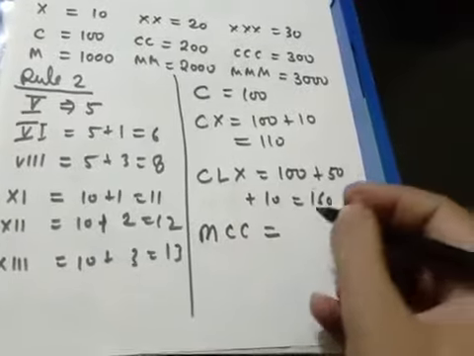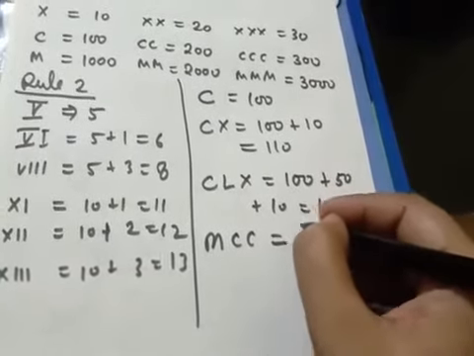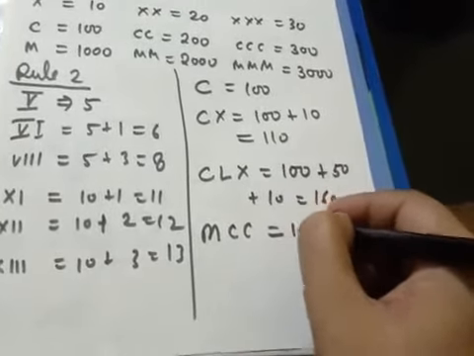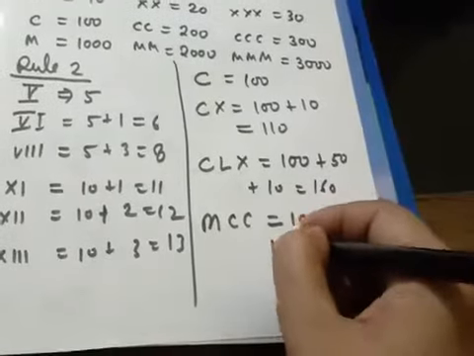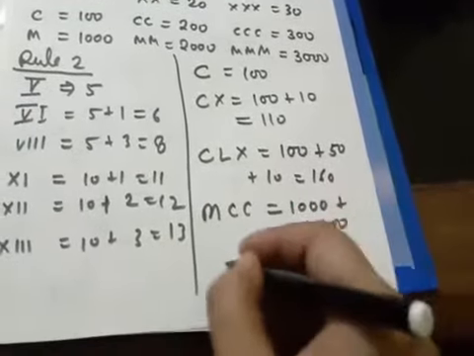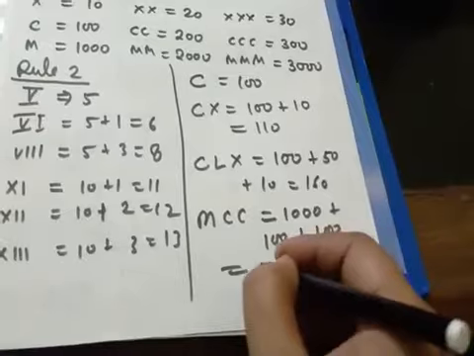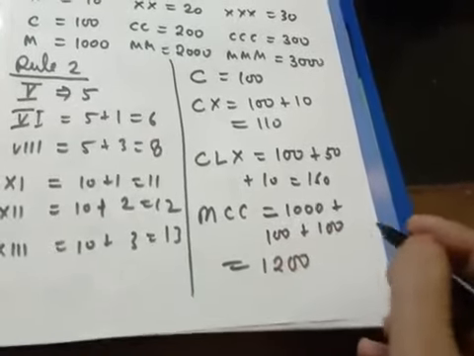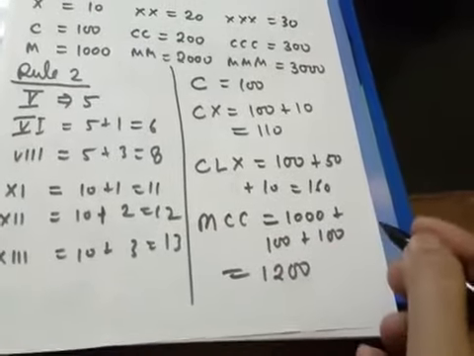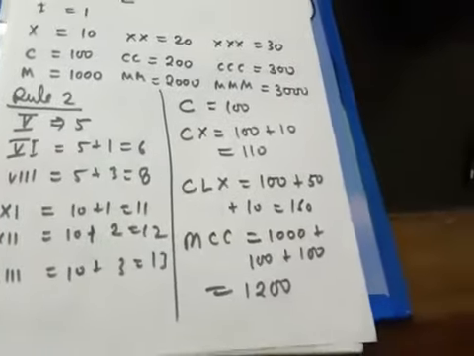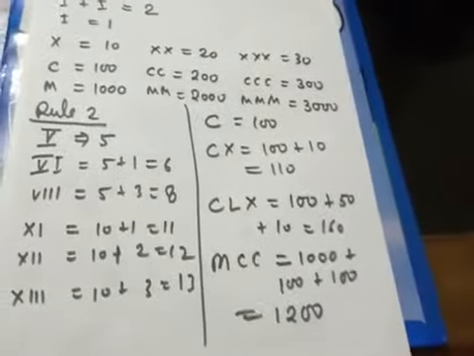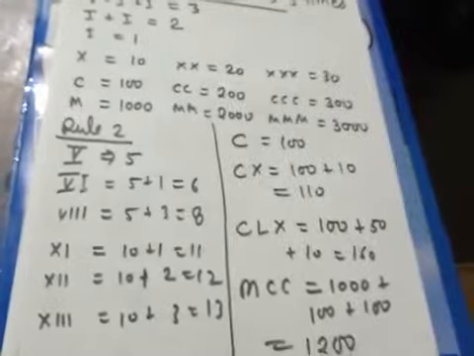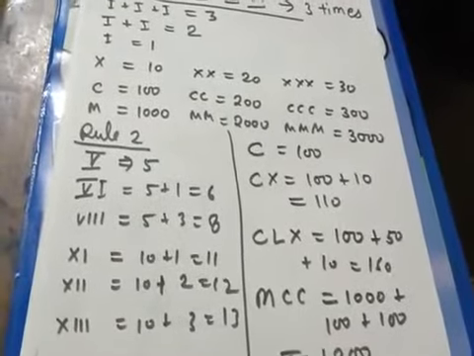What is the value of MCC? One M gives us 1000, plus 100 plus 100. Totaling the number, it becomes 1200. So you have seen that if we have the smaller number to the right side of the greater number, it is added. Now taking rule number 3.